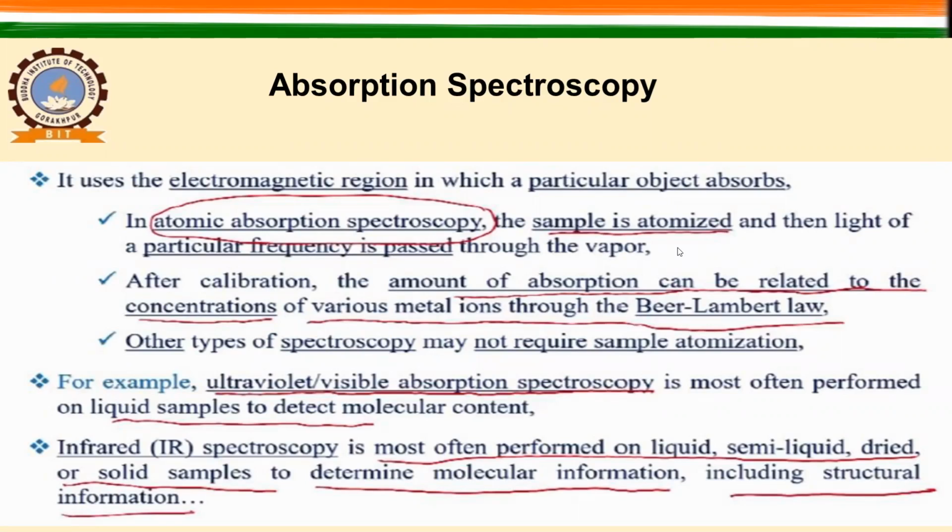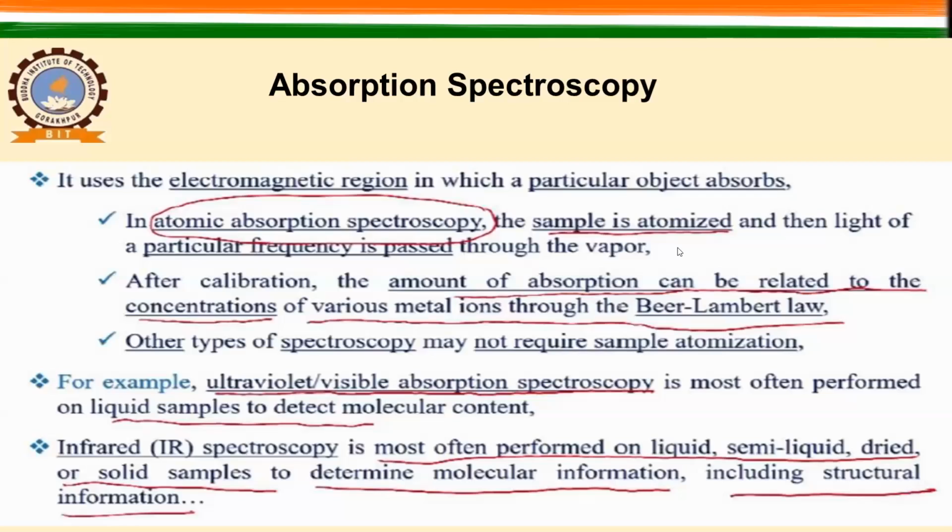So here a particular wavelength will be used where we know our material, let us assume X. So X absorbs in 2.5 micrometer wavelength range. So in absorption spectroscopy, हम यूज करेंगे only 2.5 micrometer wavelength range, and then we will see how much energy it has absorbed, and based on that we will identify the material composition.